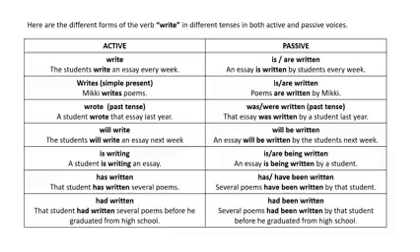For the fourth example, will write. This is in the future tense. The students will write an essay next week. As I've mentioned in the lesson on modals, a modal is always followed by the base form of the verb. When you say base form, there is no S, no ing, no ed, it's not in the past.